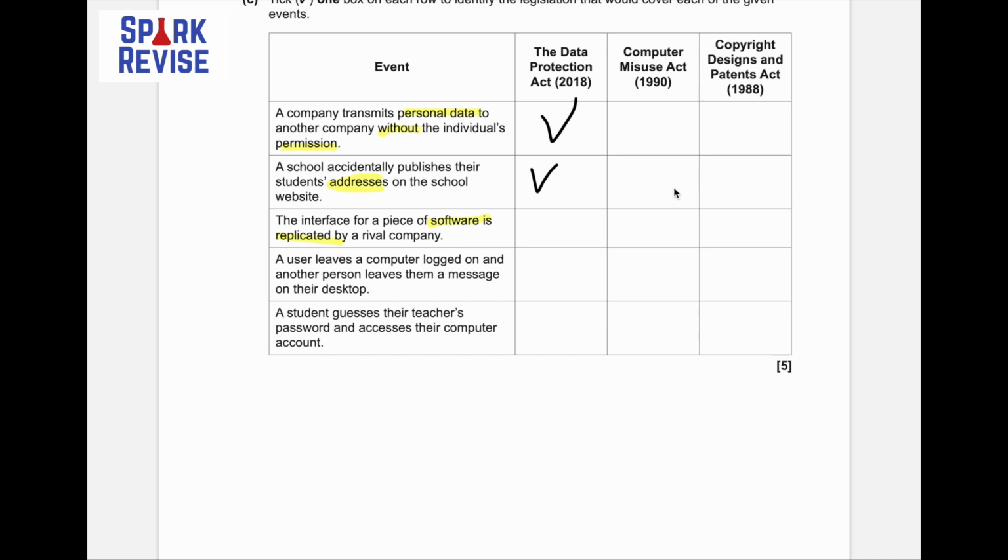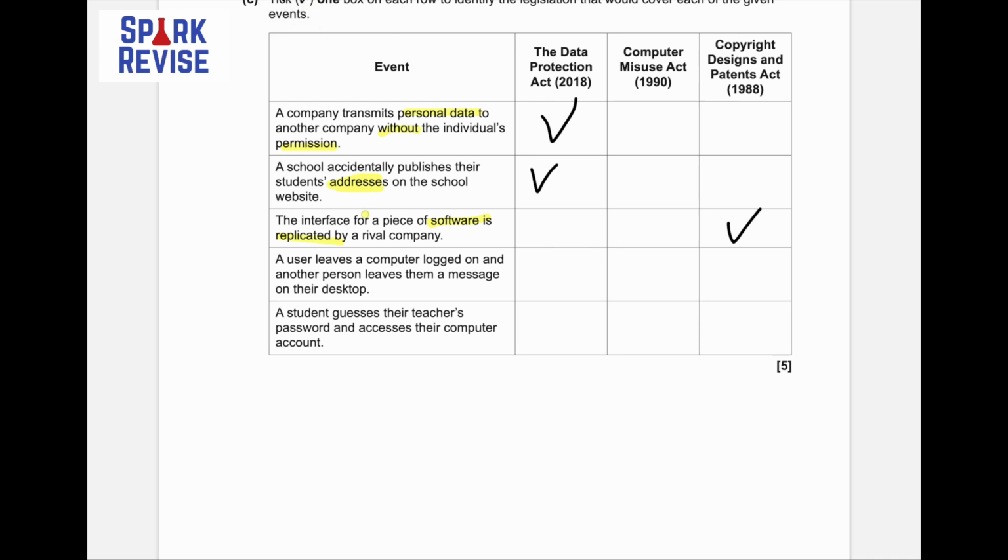It's not about a computer being used for crime. It is a crime. It is the Copyright Designs and Patents Act. Something that a company has produced, or anything you produce, automatically is assigned copyright to yourself. It protects their intellectual property, and because the automatic copyright has been compromised by a rival company, it's the Copyright Designs and Patents Act.